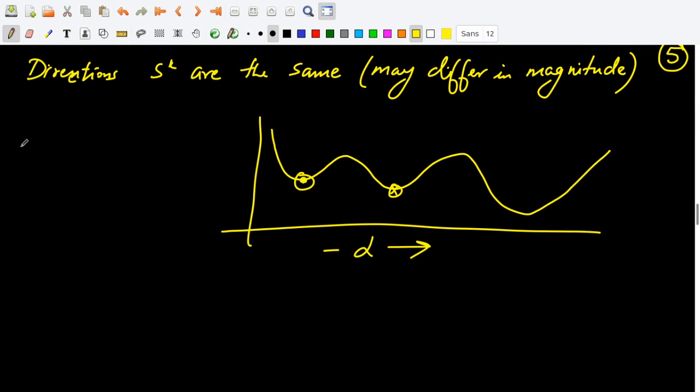So theoretically very important, because if you can show that DFP converges for certain types of functions, then we know that everything in the Broyden family also converges, provided we are doing exact line search consistently.